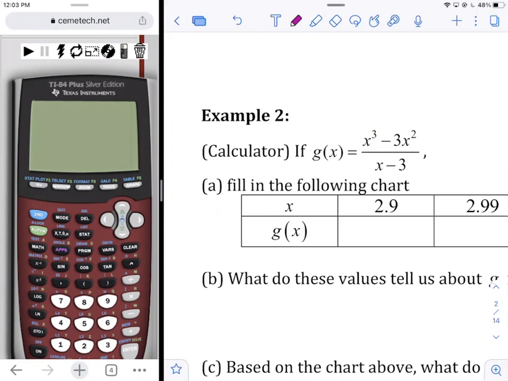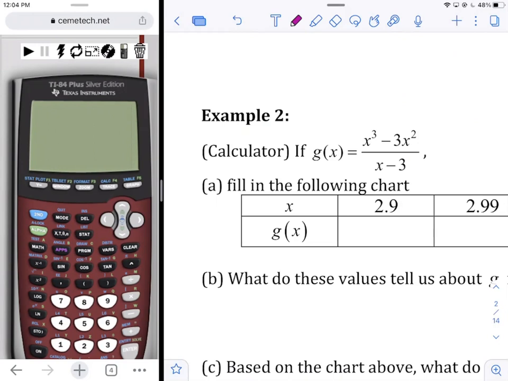Analyze the domain. We can't divide by 0. We can't take square roots or even roots of negative numbers, and we can only take logs of positives. We have a denominator here. What value of x is not in the domain? 3, okay? So really, if we were going to be left to our own devices and not told what values to sneak up on, you might be curious about 3, right?